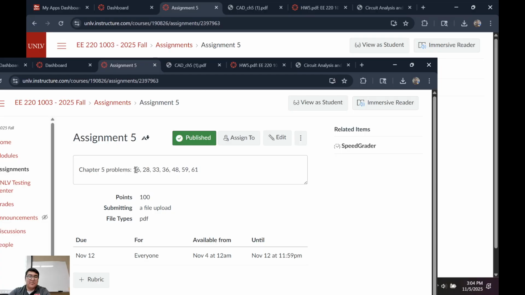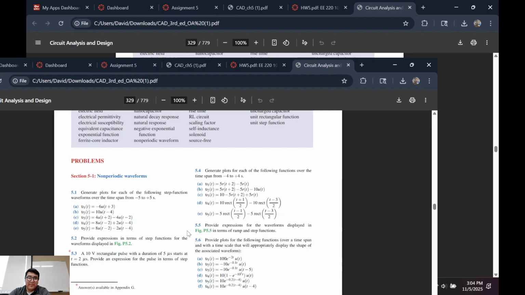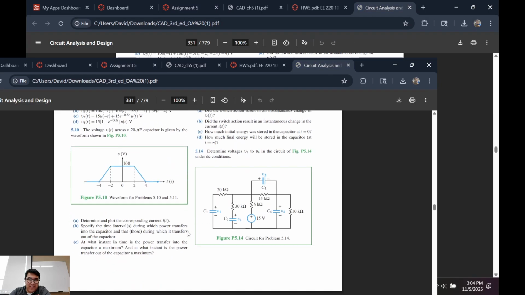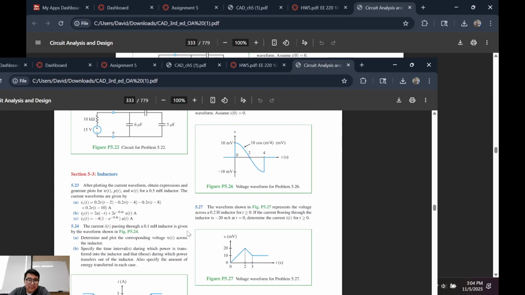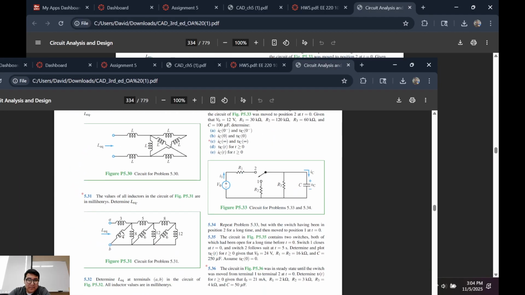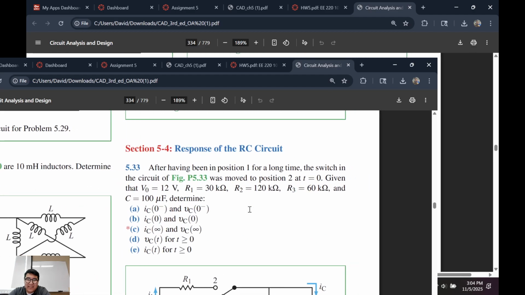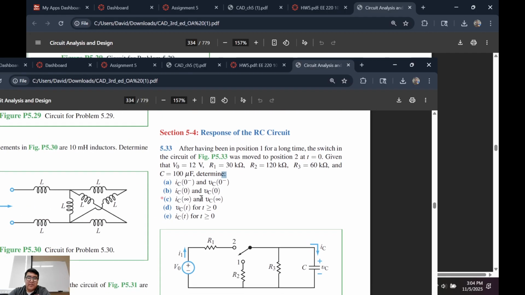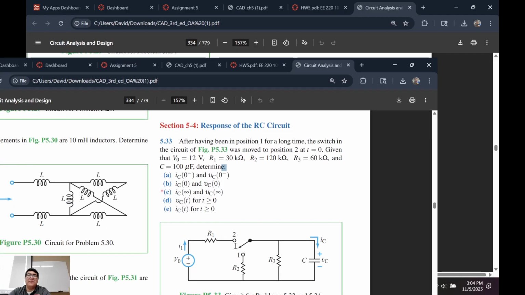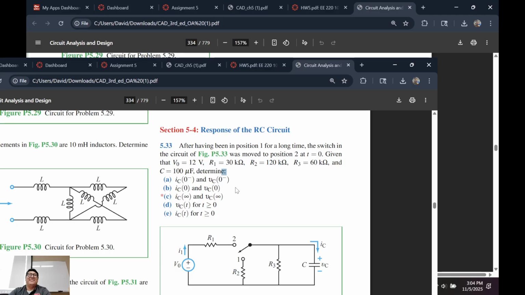You have a little book. This right here? Okay, let me see. Inductors, 33. Is this it? That's the right problem, correct? You want to do it? We're already here.